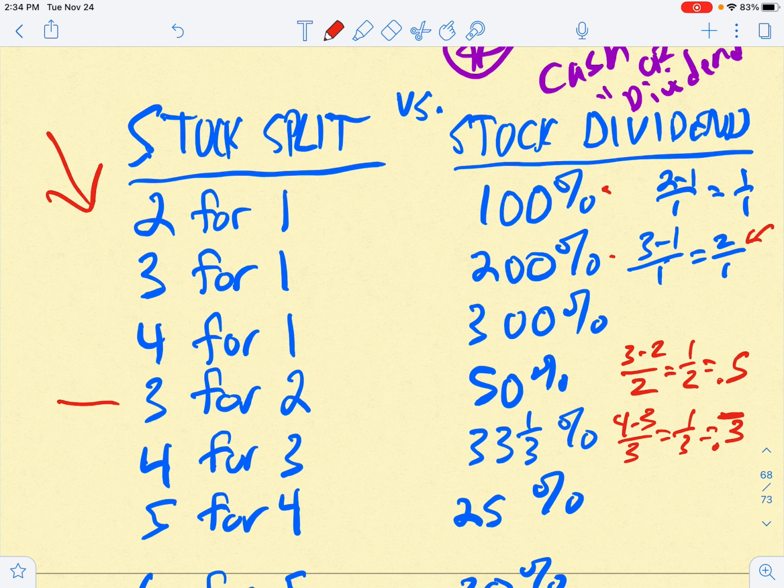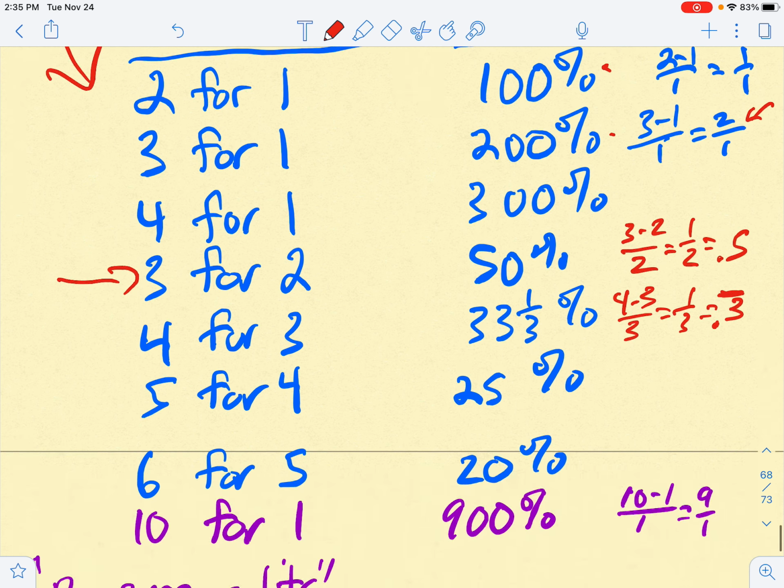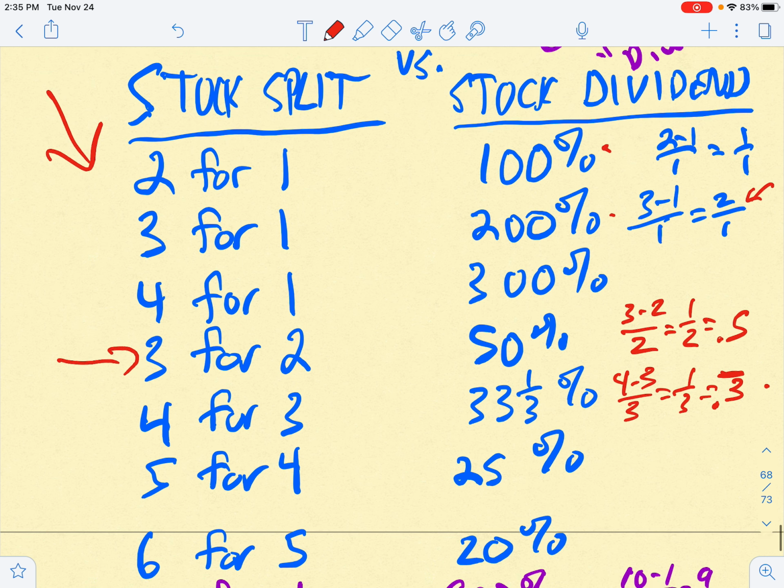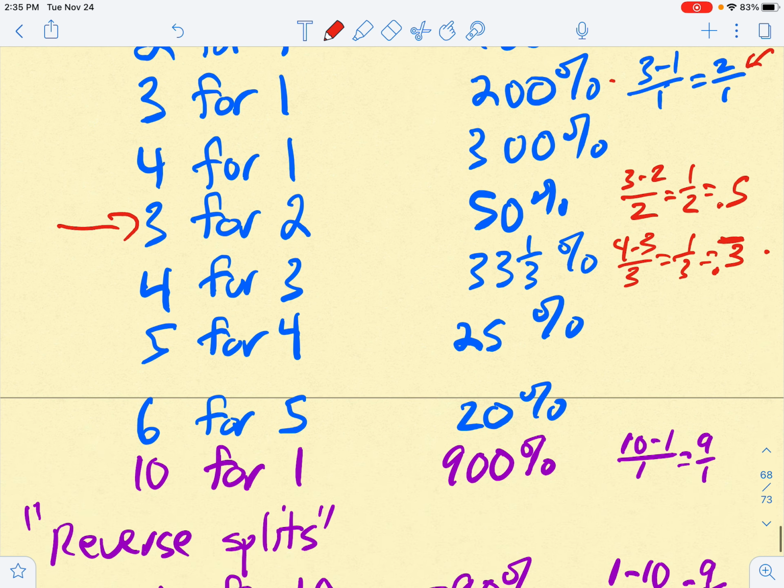3 for 2 stock splits, these are rather common. Ending minus beginning over beginning, 3 minus 2 over 2, .5. So a 3 for 2 stock split is like a 50% stock dividend. How about a 4 for 3? Well, same deal. You can see the arithmetic over here. 33 1/3%. So a 4 for 3 stock split is like a 33 1/3% stock dividend.